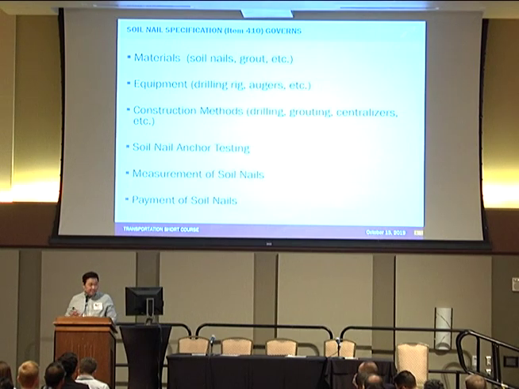Okay, the next tool is the soil nail specification. We have Item 410 for the soil nail, and 411 for the rock nail. This specification controls the materials, the soil nail and the grout, and also the equipment and construction methods: drilling, grout, the spacing of the centralizers, and the anchor testing, as well as the measurement and payment of the soil nails.